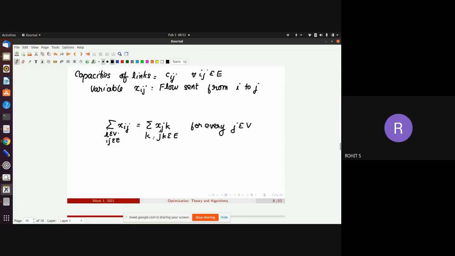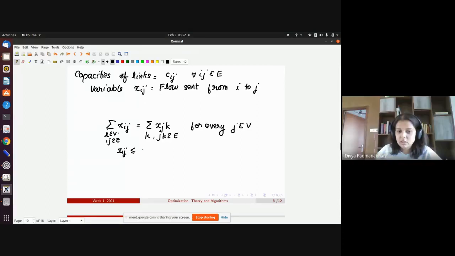Then xij is less than or equal to Cij and greater than or equal to 0.